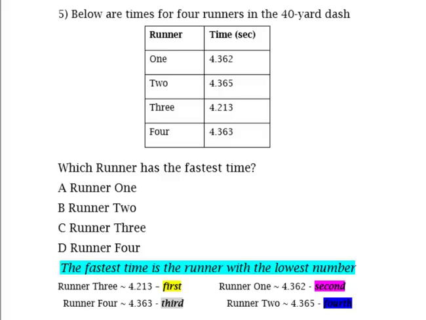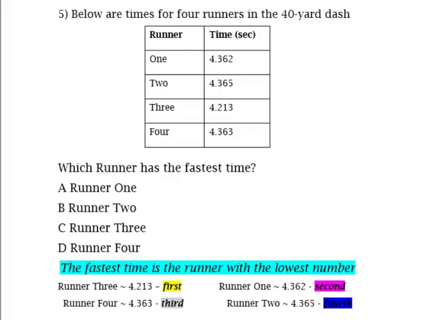So in looking at our answer choices, let's put them in order. Who has the smallest time all the way to who has the largest time. So runner 3, whose time is 4.213, they are first. Runner 1's time is 4.362.